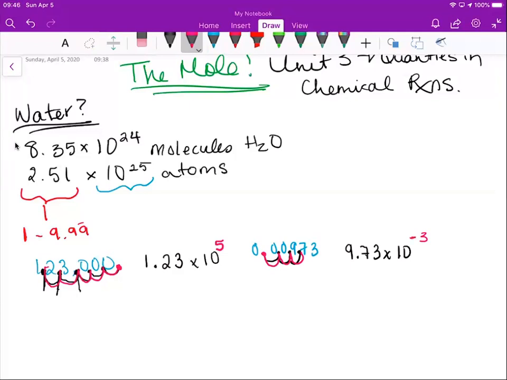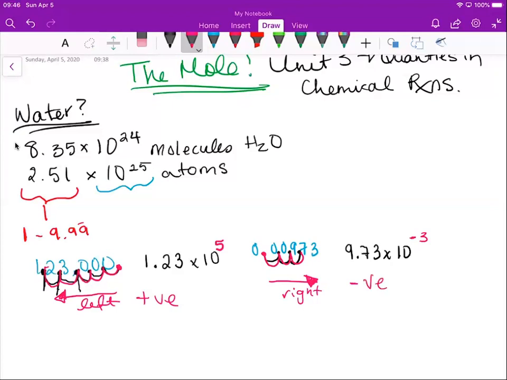So when the number is bigger than 1, you move the decimal to the left and you get a positive exponent. When you're moving the decimal to the right, and you have a number smaller than 1, you have a negative exponent.